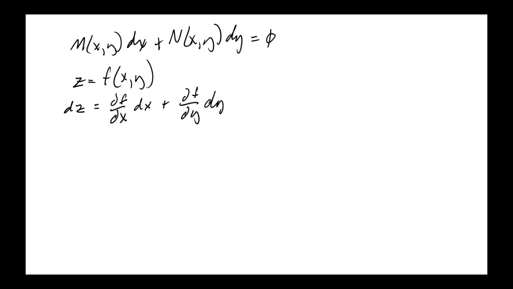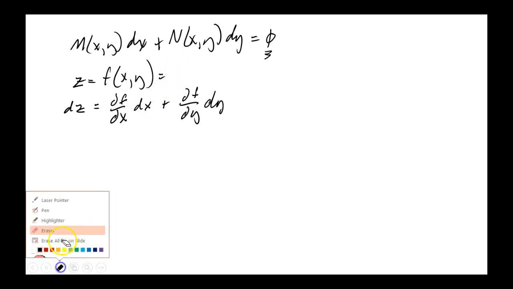This form is your differential form of a function of two or more variables. If you have more variables, you just do the partial of each one. Now, if this f of xy happens to be a constant, okay?